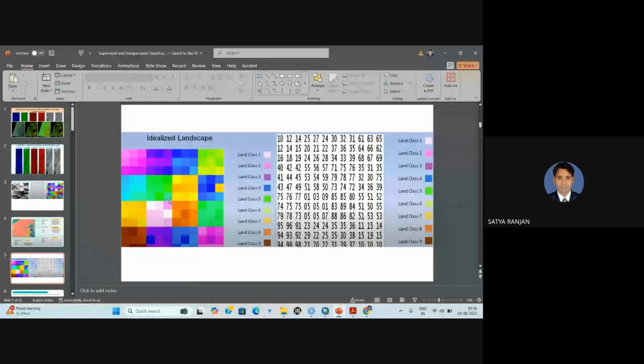In machine learning, if we give some sample data, or use unsupervised classification, it gives the result within 10 to 15 minutes. That's why we use machine learning technology for identification of features for different purposes.